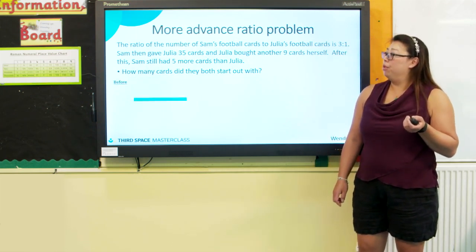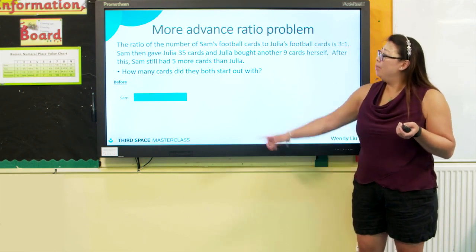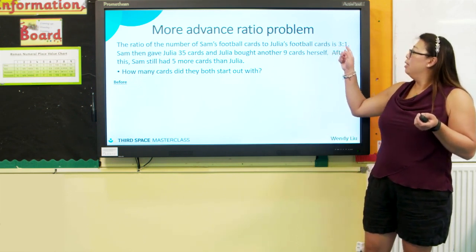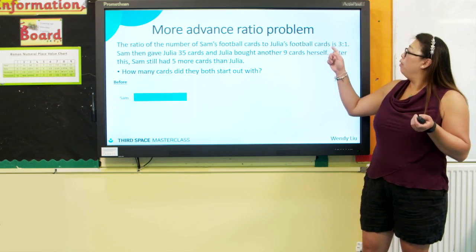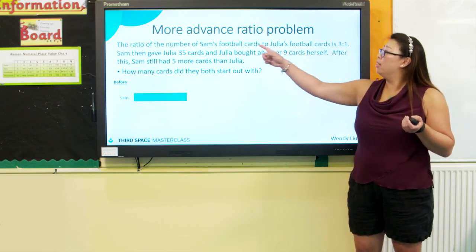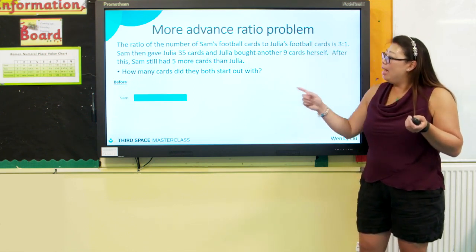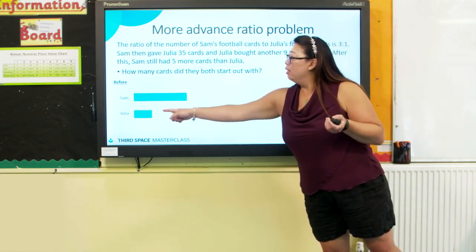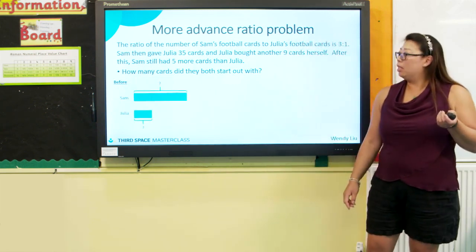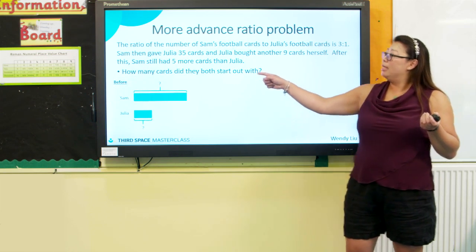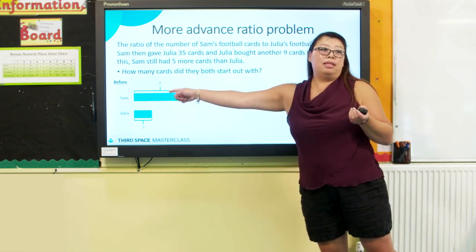So before, the ratio of Sam's cards to Julia's cards is 3:1, so Sam had 3 parts, Julia has 1 part. And what we want to find out is how many cards they started out with.